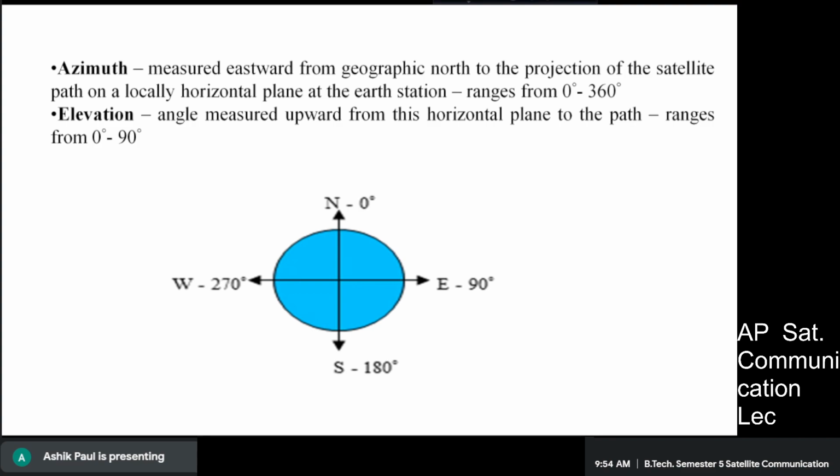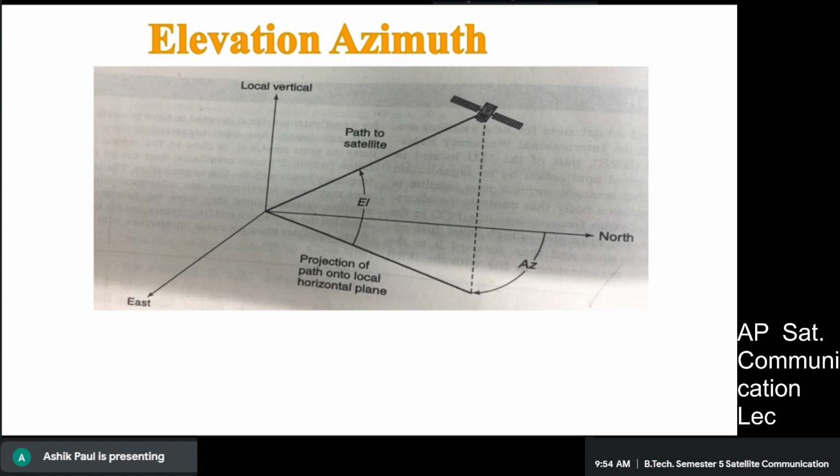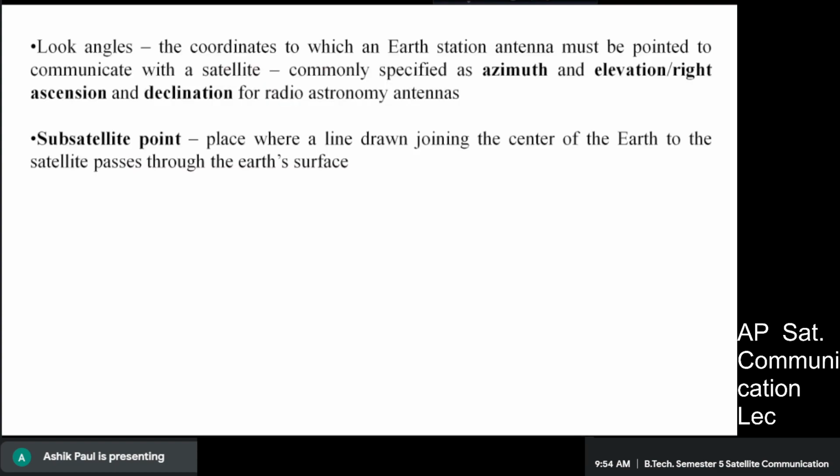Now, sometimes what happens is that, because we have defined this subsatellite point in the case of geostationary satellites, when you mention that it is a point, it means that there has to be at least two coordinates associated with it.